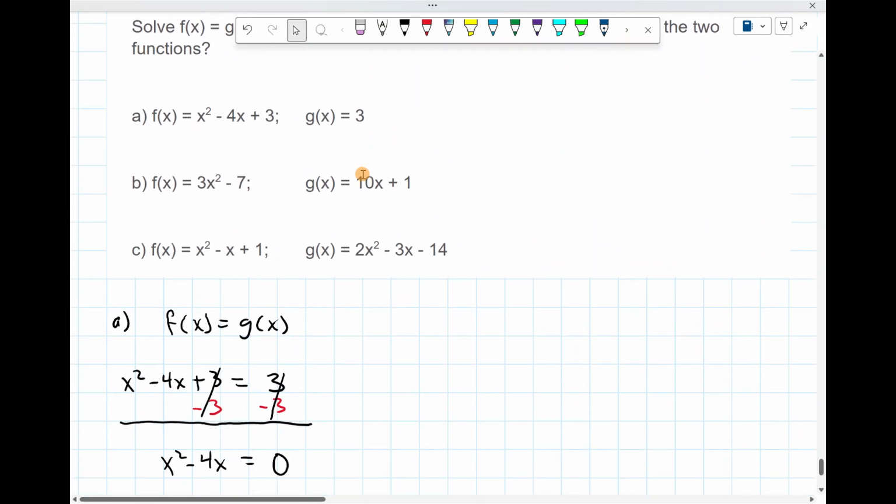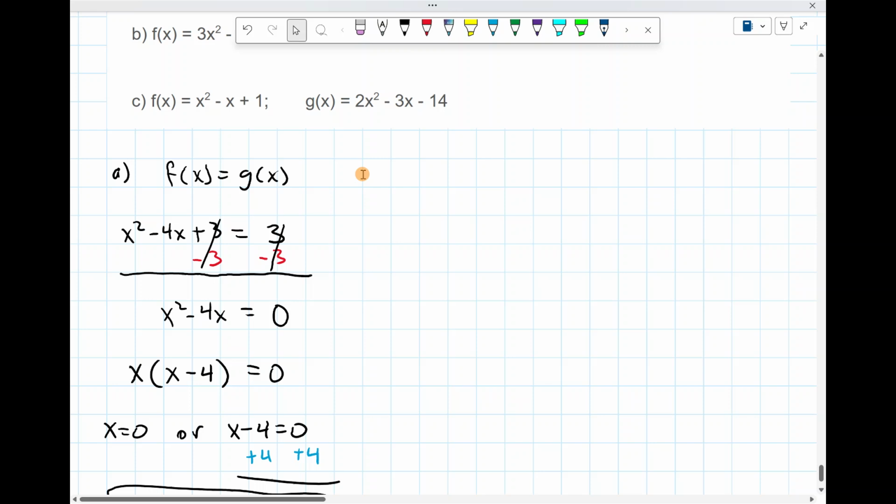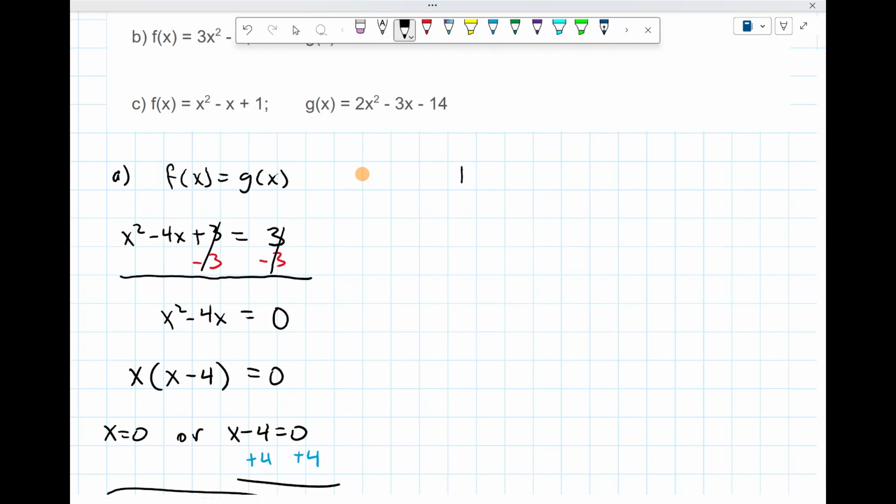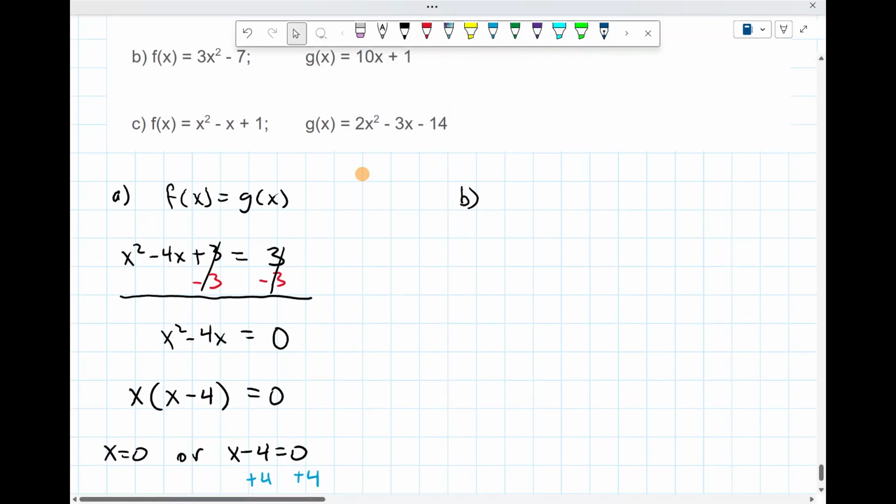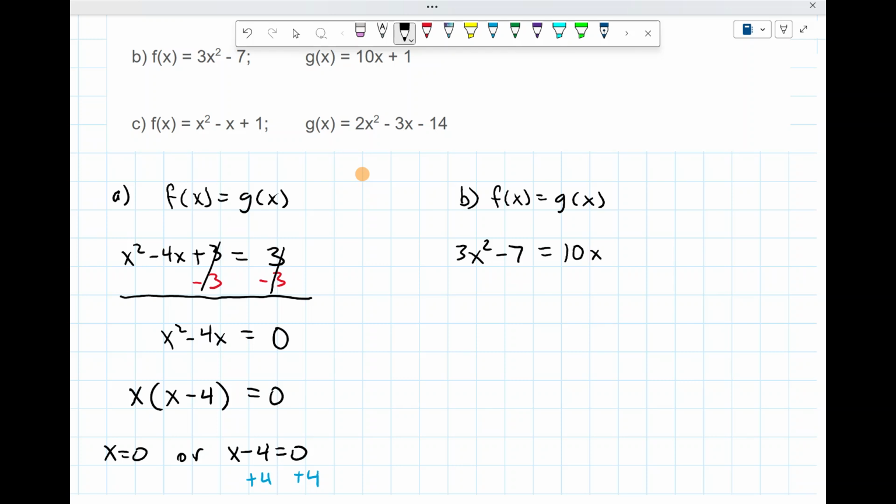All right, let's do B. And again, we want to solve the equation f of x equals g of x, so I'll just start with that, and we're going to plug in for f of x and for g of x.